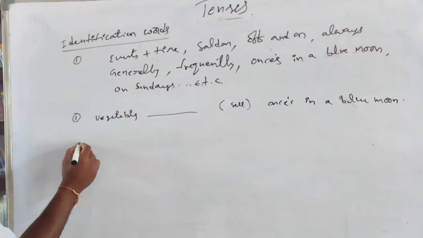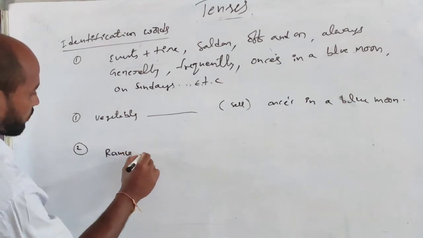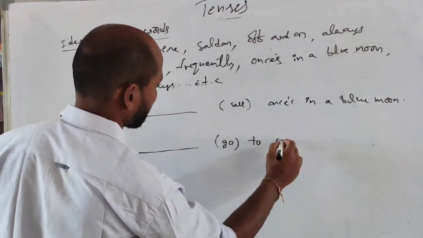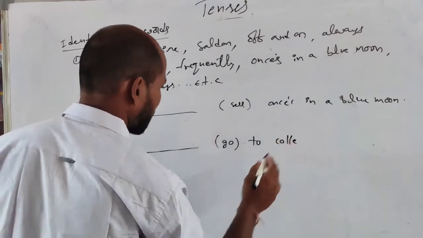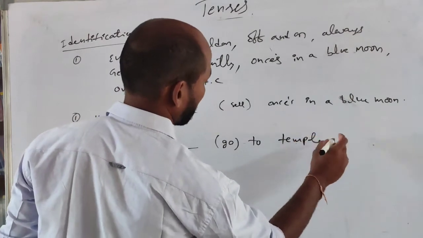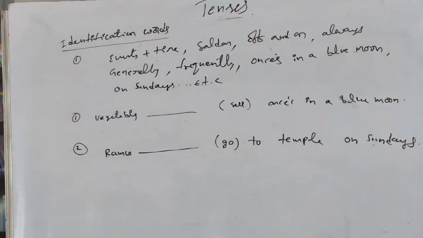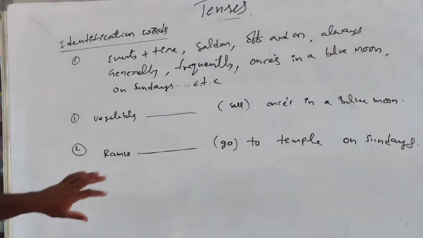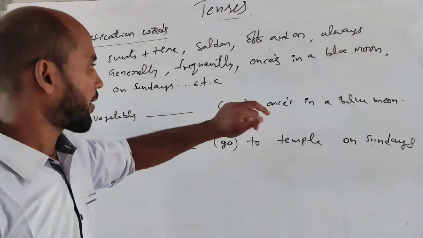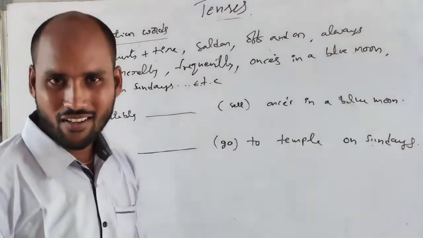The next example is the two examples. Here I write: Vegetables (sell) once in a blue moon, and Ramu (go) to temple on Sundays.